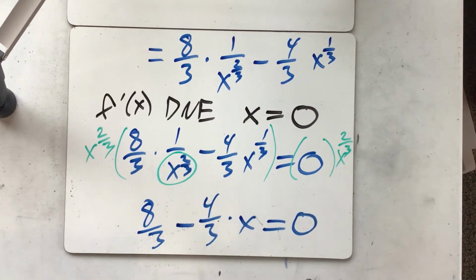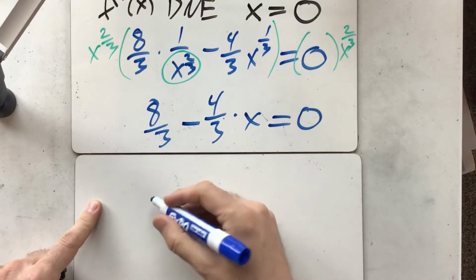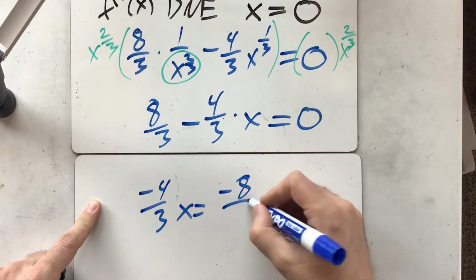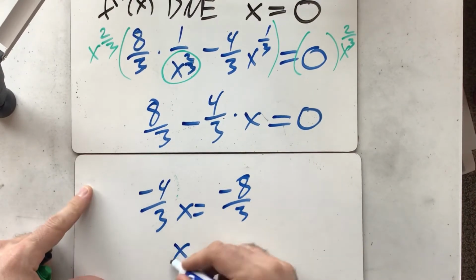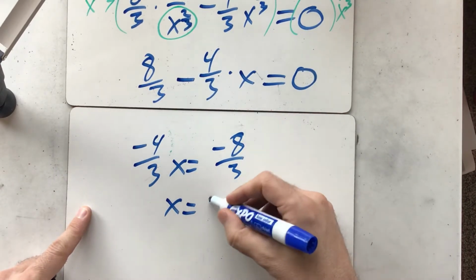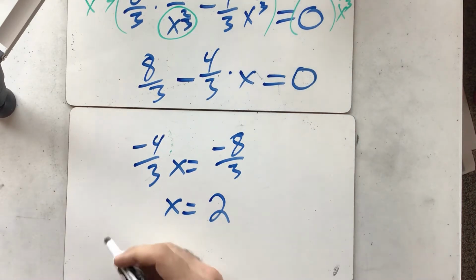And this is not a really bad algebra problem. So now we're in really good shape. So negative 4/3 x equals negative 8/3. Divide by your 4/3, and x equals positive 2. So x equals positive 2. So what are our critical numbers?